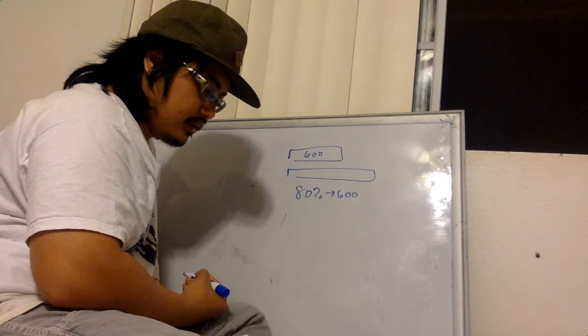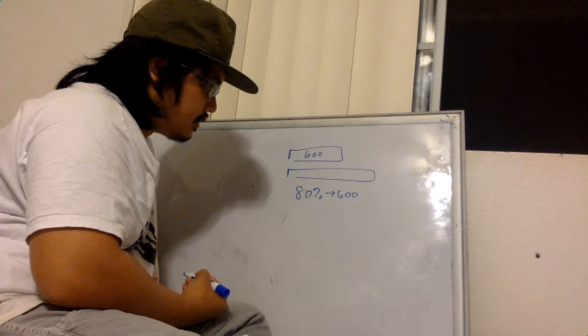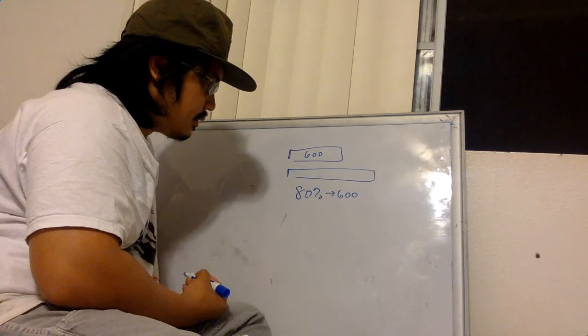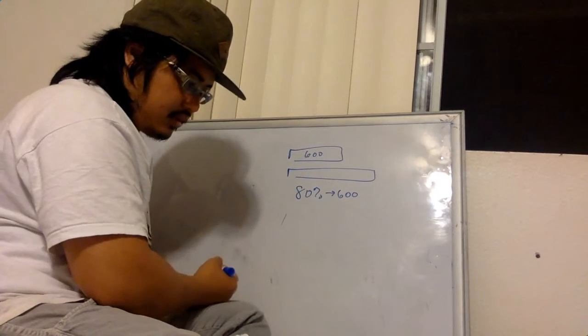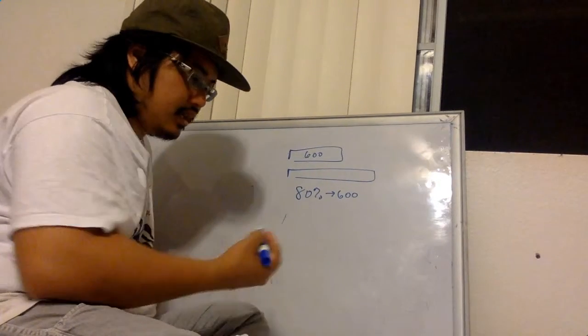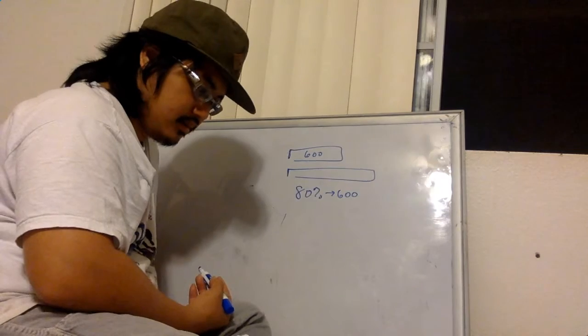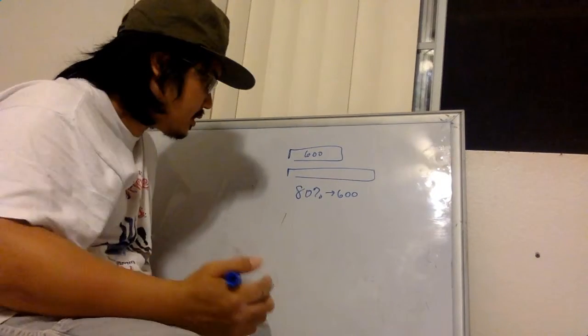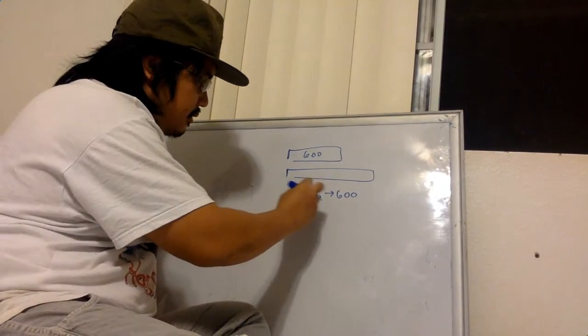Oh, okay, I see. Okay, let's see. So 80% is $600. How much did it actually cost? Man, that's an expensive watch. All right, so divide this by 80.